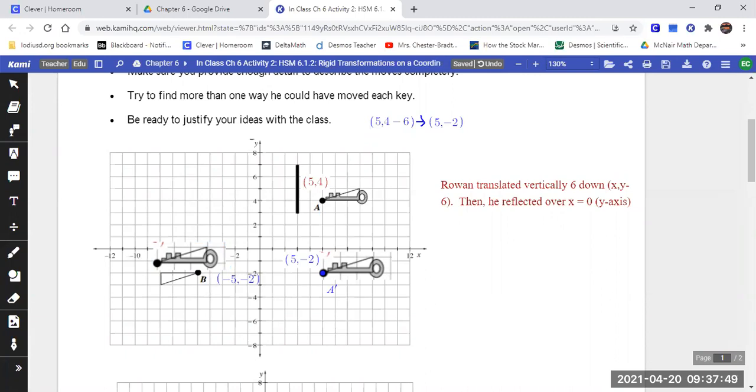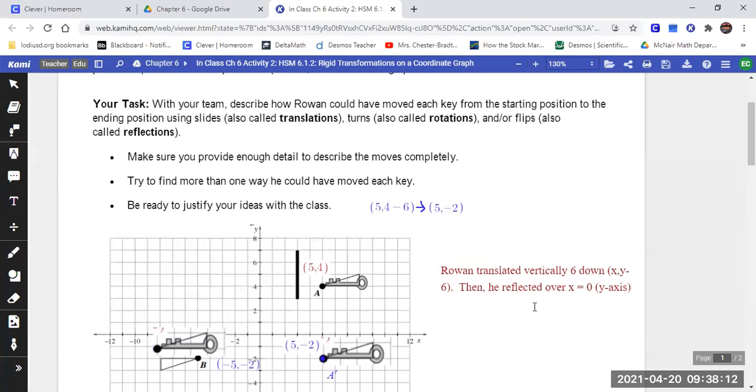The big end of the triangle is on the same side as the big end of the triangle, but it's not in the same location, right? Because if I flip this key over, the big side would be facing up and we need it facing down. So what do we need to do?